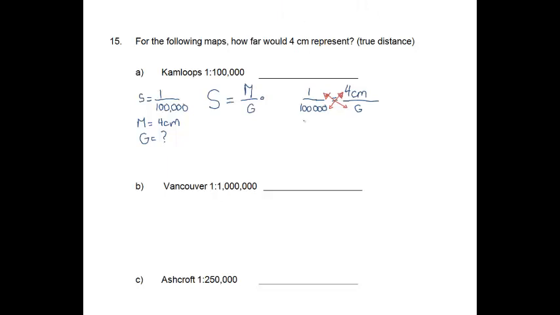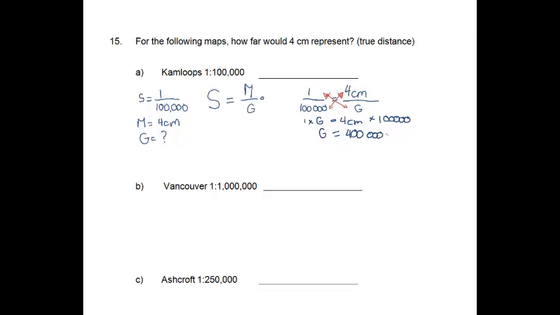So I know that 1 times G equals 4 centimeters times 100,000. So 1 times G is just G, and 4 centimeters times 100,000 would be 400,000.